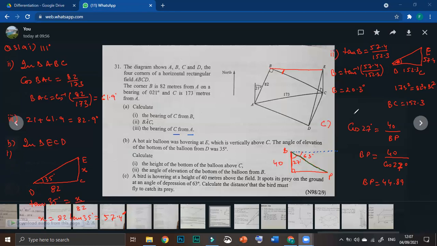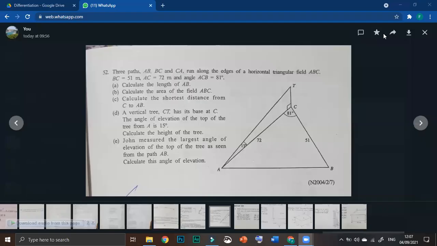Is there any question? Now question number 52. Three paths AB, BC and CA run along the edge of a horizontal triangular field ABC.